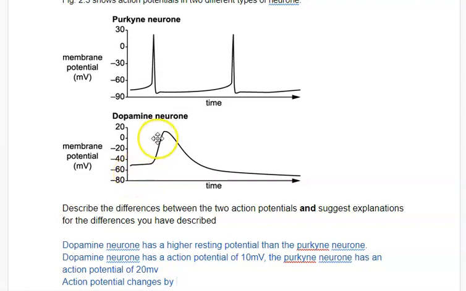So it's gone from minus 50 to 10, so that's 60 millivolts in the dopamine neuron, and it's gone from minus 75 to 20, so that means it's gone up by 95 millivolts in the Purkinje neuron.